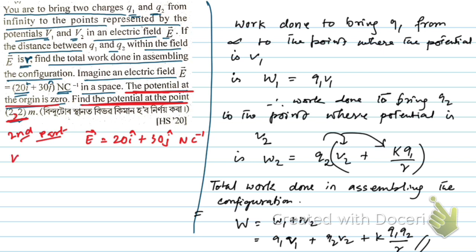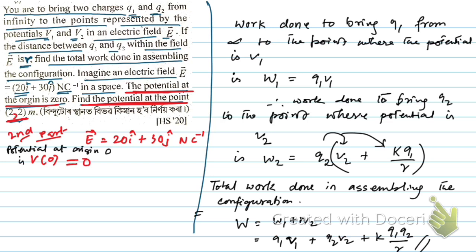And potential at origin, let me write here V0, potential at origin is 0, V0 is equal to 0. Potential at origin is given V0.